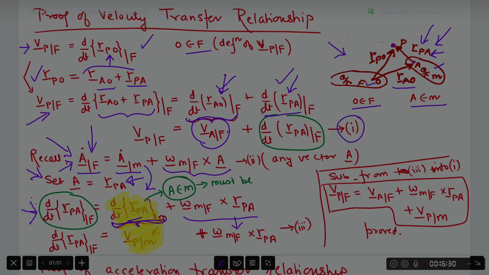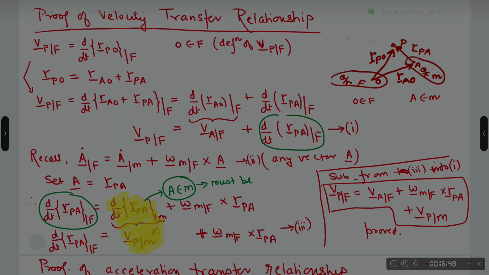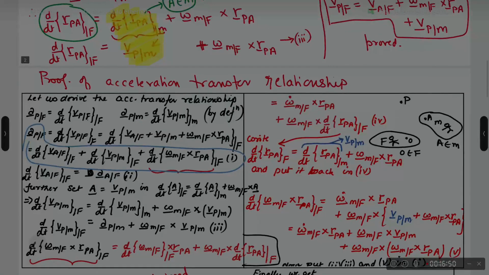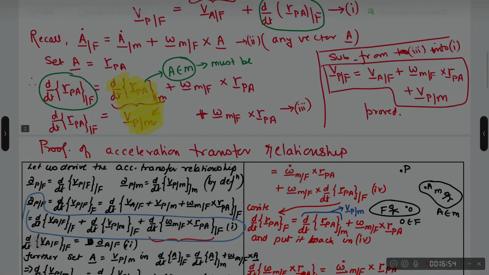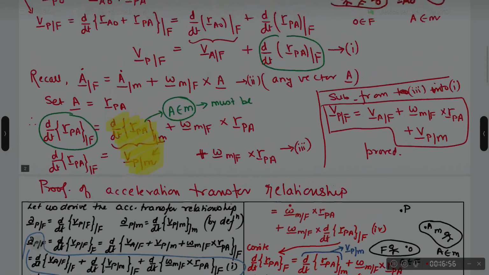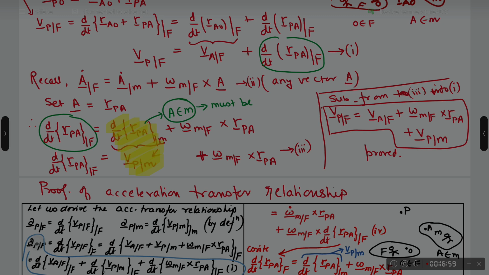So what should be our next step? Our next step should be to take this expression for d dt of RPA with respect to F and put it back in equation number 1. That's what I'm going to do now on the next slide. Rather, I have it here itself on the right hand side.